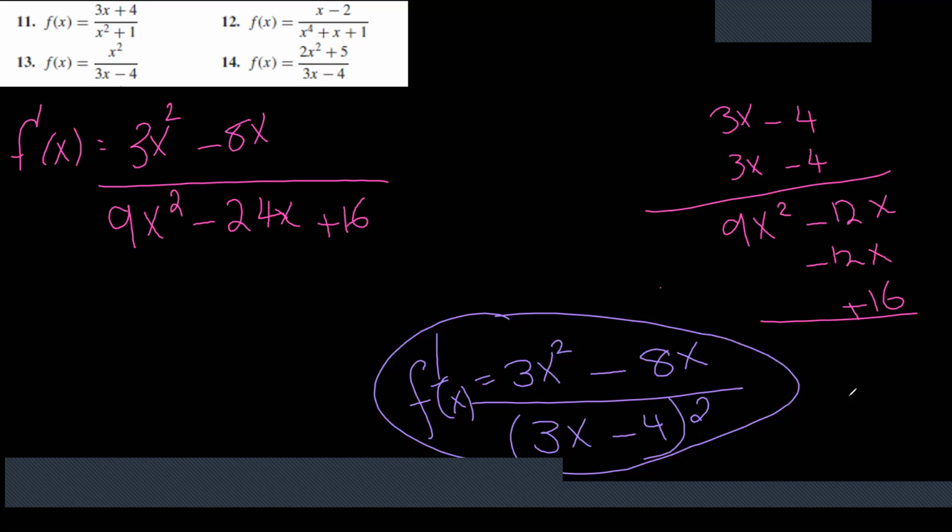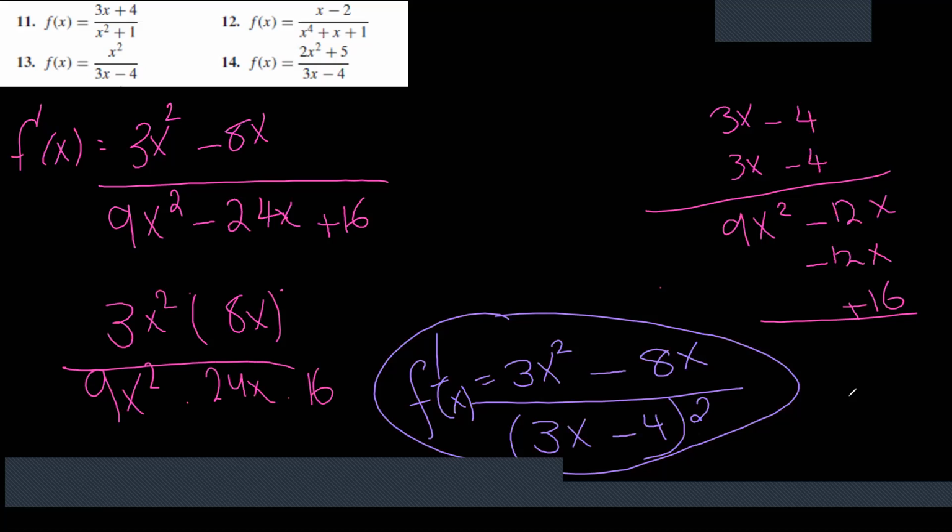We cannot, because here it is 3x squared minus 8x. If it was multiplied, like x squared times 24x, you could say yes, I will multiply them and simplify them. But here it is subtracted and added, I cannot simplify.